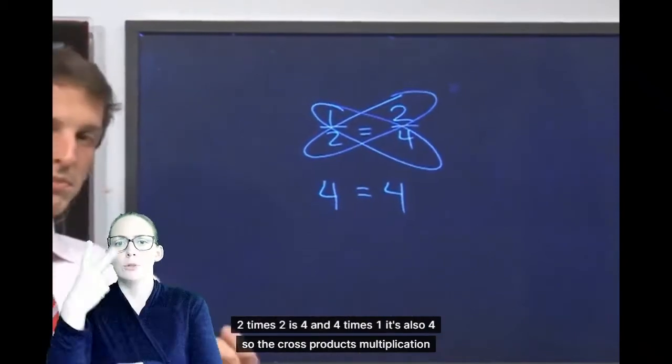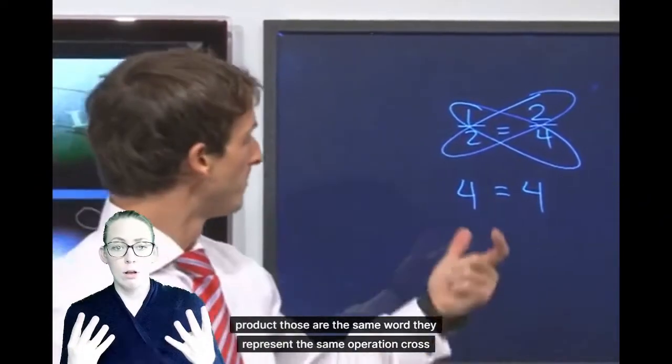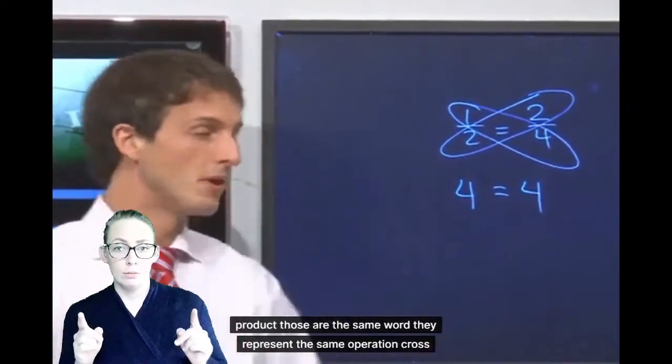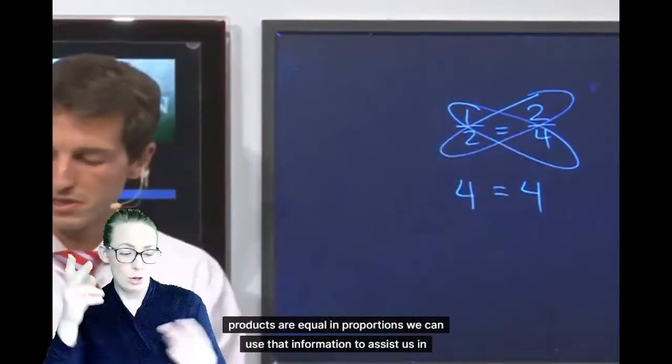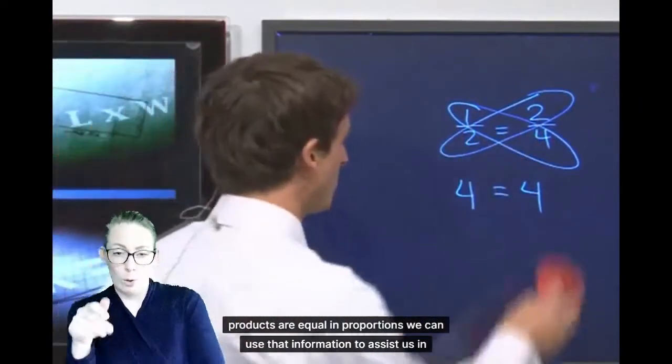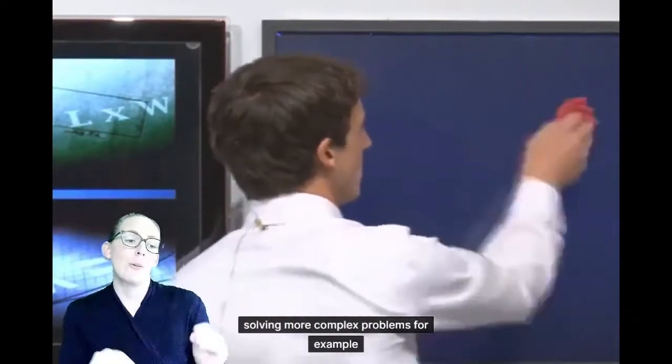So the cross products, multiplication, product, those are the same word. They represent the same operation. Cross products are equal in proportions. We can use that information to assist us in solving more complex problems.